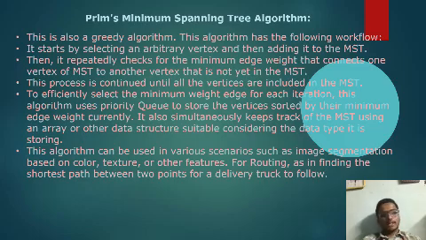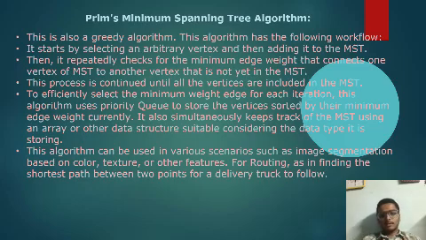To efficiently select the minimum edge for each iteration, this algorithm uses a priority queue to store the vertices sorted by their minimum edge weight currently. It also simultaneously keeps track of the MST using an array or other data structure suitable considering the data type it is storing.